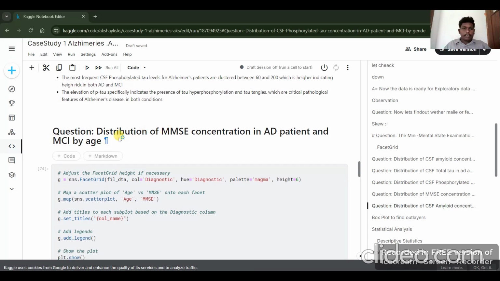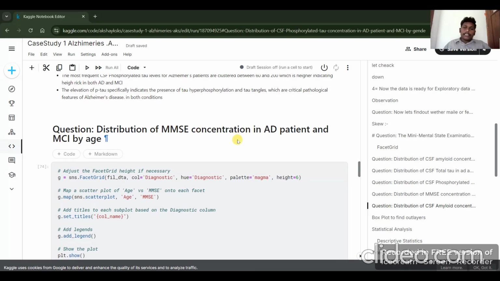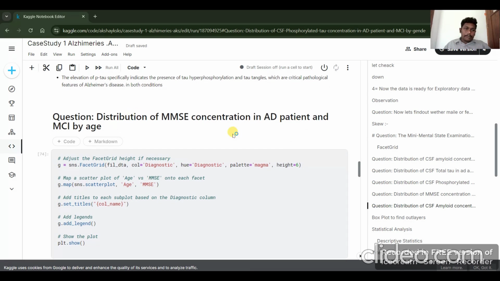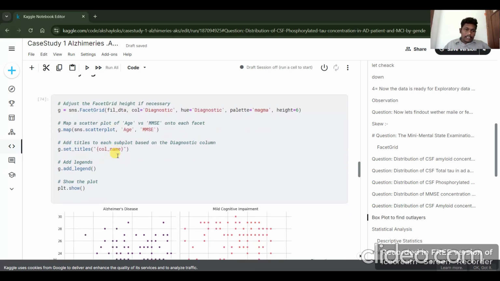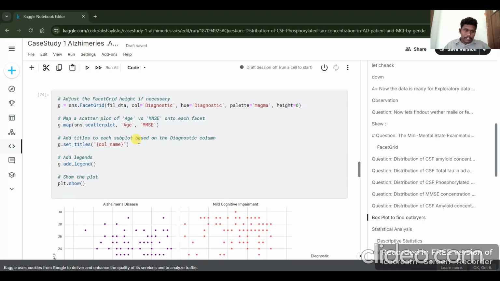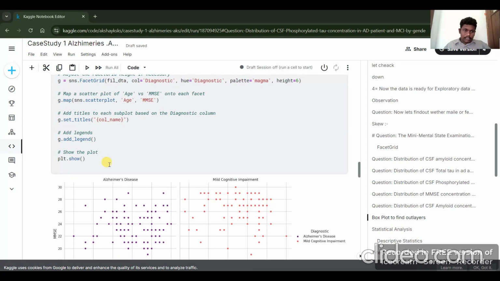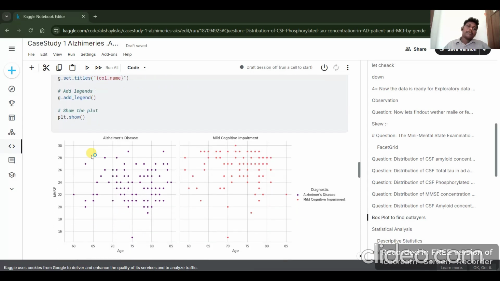Next, we have the next question: distribution of MMSE concentration in AD patients and MCI by age. We can see the scatter plot. We can see first the scatter plot of the data by diagnosis, with age and MMSE, a title and a legend, then show the plot.